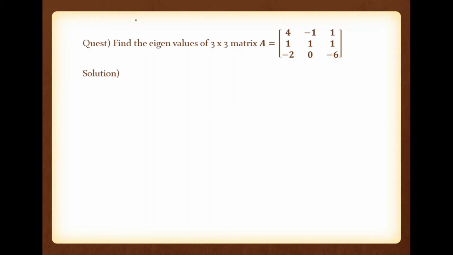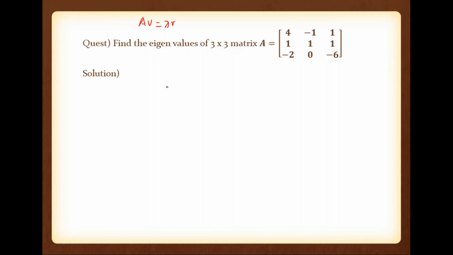What is eigenvalue? If you are multiplying A with a vector V, and if the resultant one we can represent as lambda V, where lambda is a scalar quantity and V is the same vector, then lambda is the eigenvalue and V is the eigenvector.